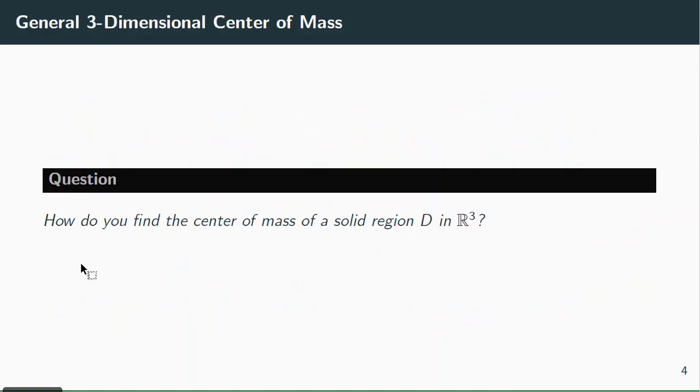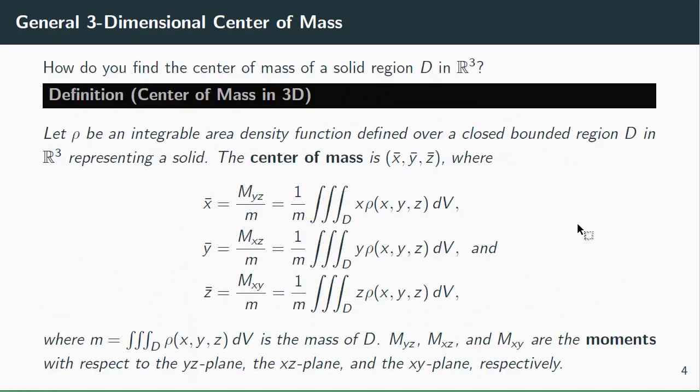Okay. Now, if you wanted to know the center of mass, we're just going to take the same equations we had before in two dimensions and upgrade them to three dimensions. They're going to look like this. Your x moment here is taking the density times the volume element multiplied by x. That gives you a distance away from the yz plane.